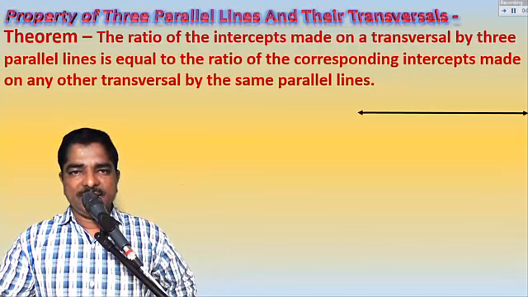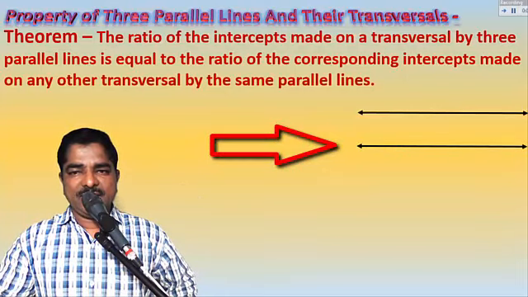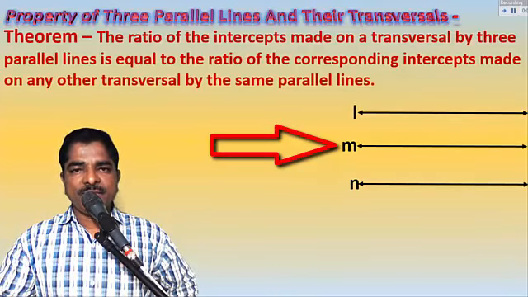First draw one line, then draw a second line parallel to it, and a third line also parallel. Line L, line M and line N: these three lines are parallel.